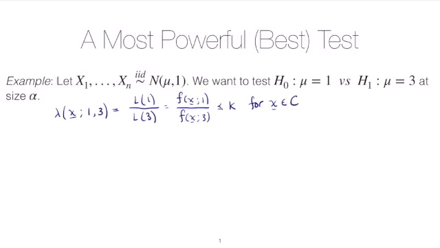So what this says here is basically something like lambda should be small for points in the critical region.